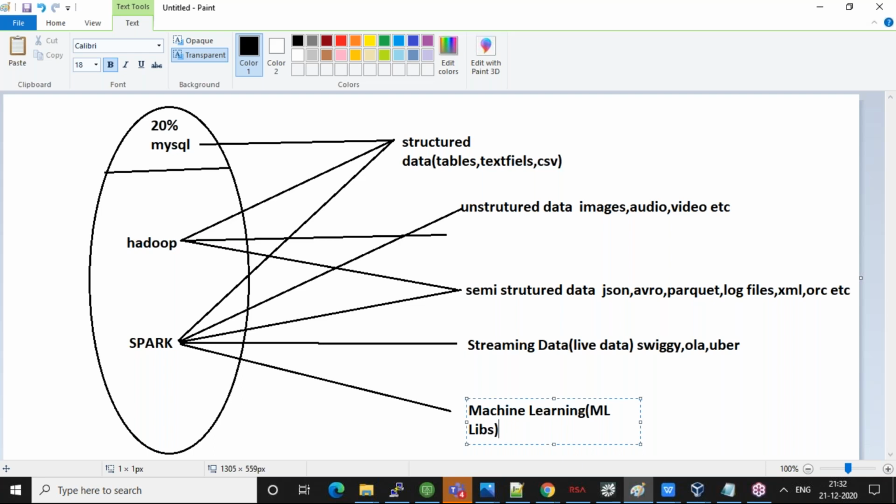Sir, what is the difference between Spark and Kafka? Spark is a processing engine, but Kafka we use to store messages.